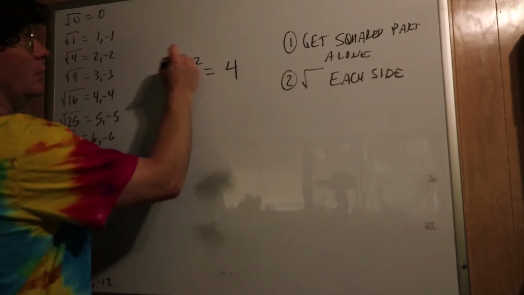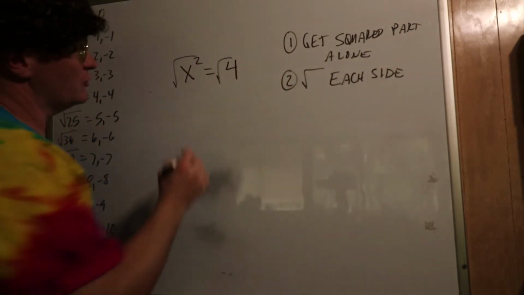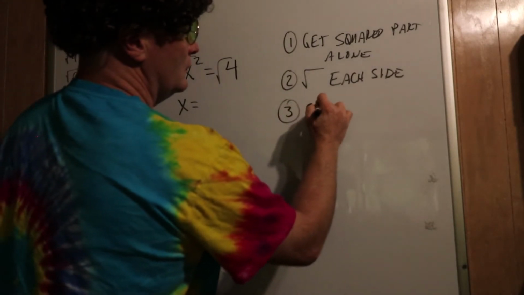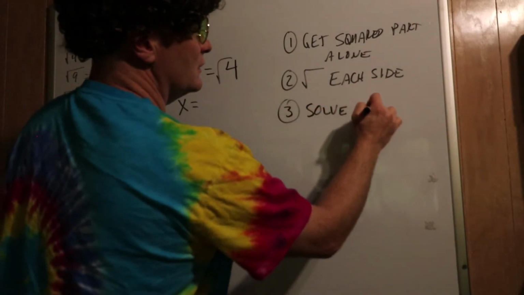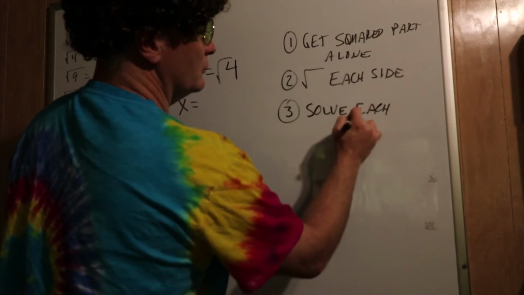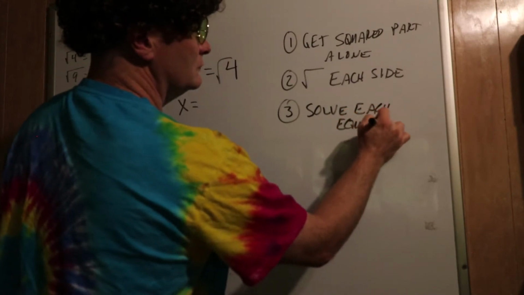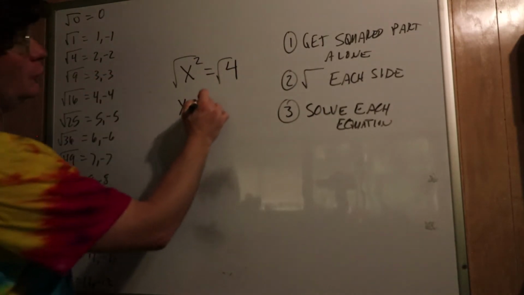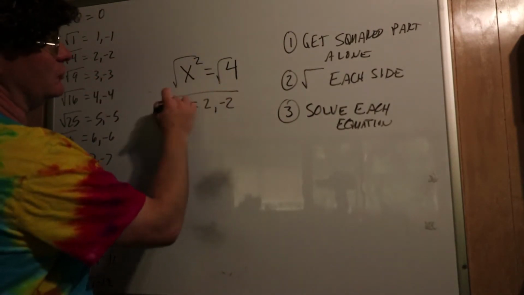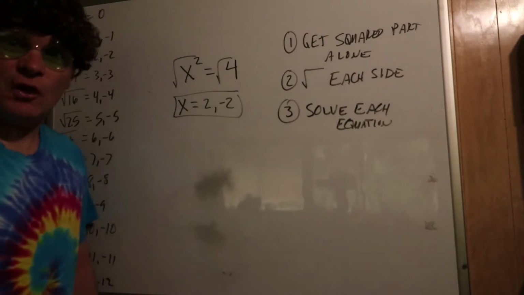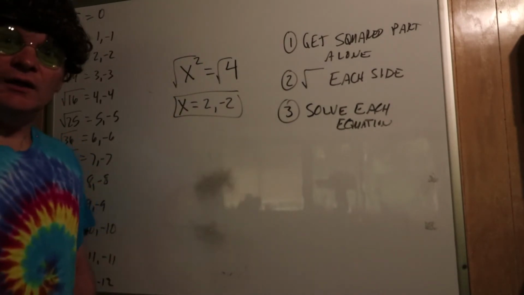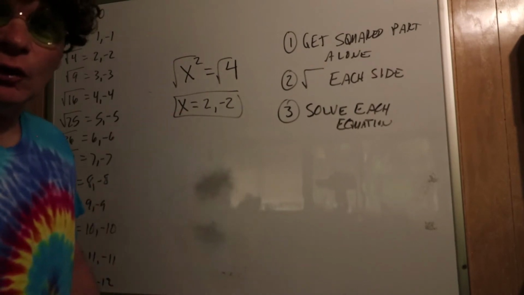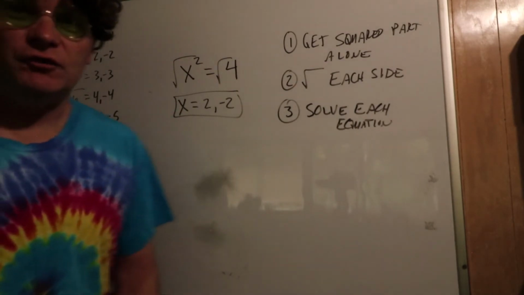So square root, square root. Remember, the square root of x squared is just x. And step 3 is solve each equation. On this one, the square root of 4 is 2, and the other one is negative 2. There's nothing left to solve after you do the square root. You did great on those ones. It's the more difficult ones we need to work on, so let's look at a few of those.